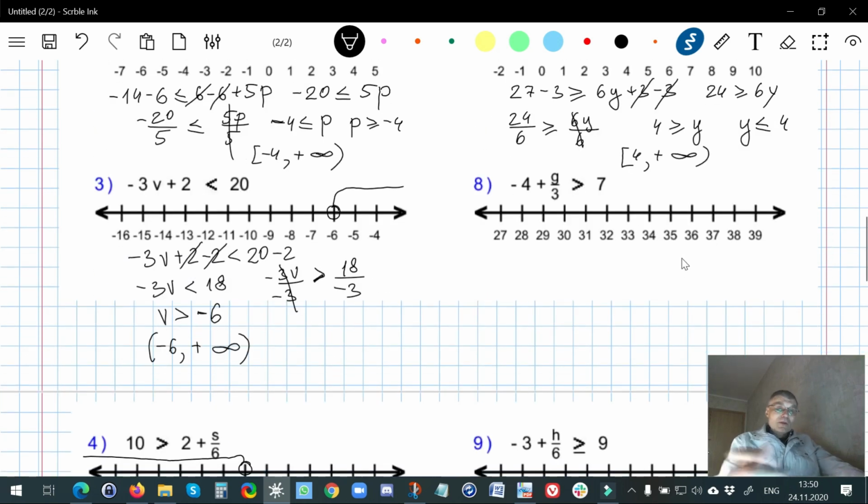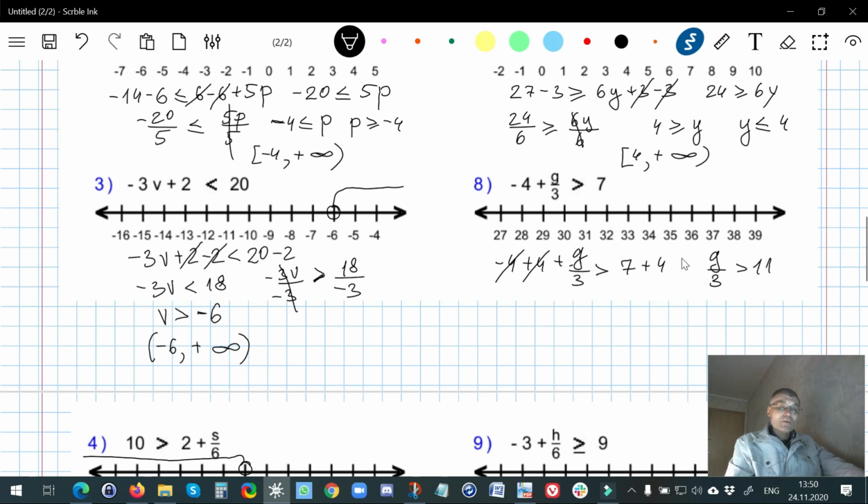Number 8. First we have to isolate g over 3 by adding 4 to both sides. g over 3 is greater than 7 plus 4. Here we cancel, which gives us g over 3 is greater than 11.